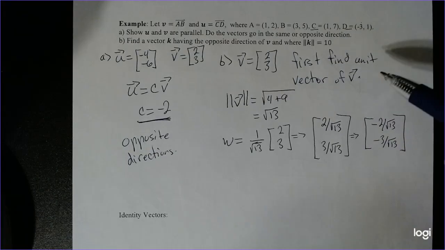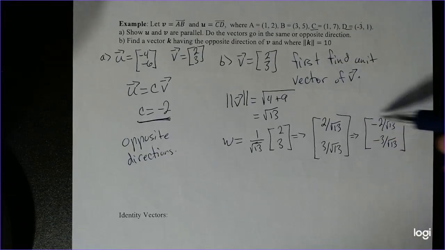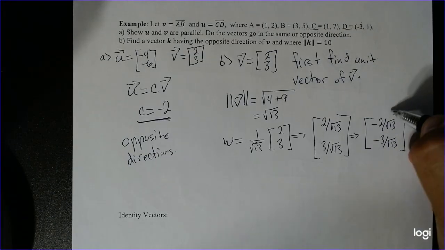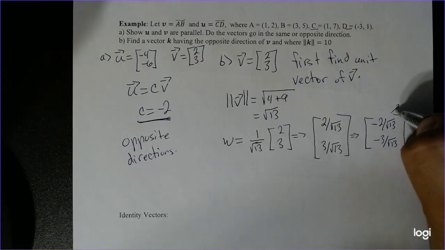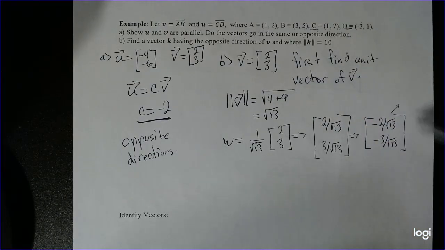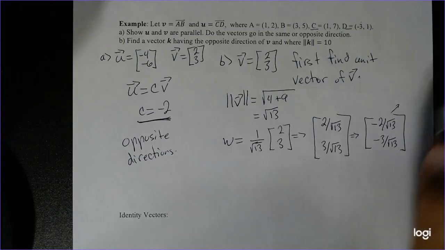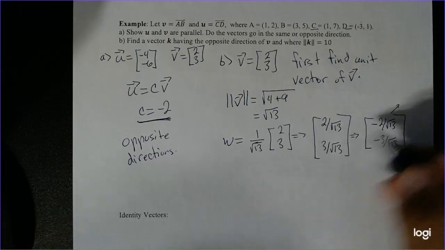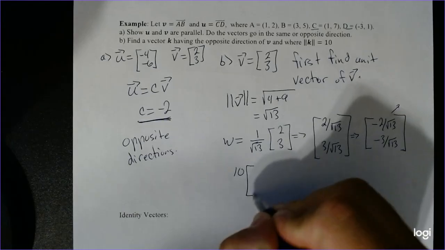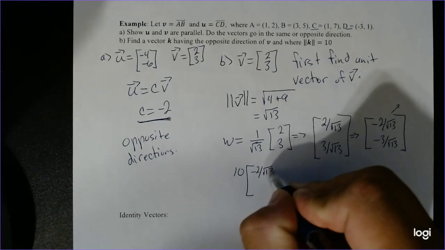Remember, this is the unit vector, so its length is 1, which is nice. If I want a length of 10, I'm just going to multiply this by 10, because 1 times 10 is 10. So you could rewrite it as 10 times this vector.